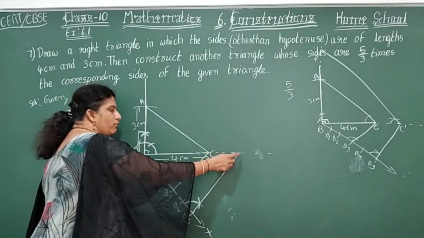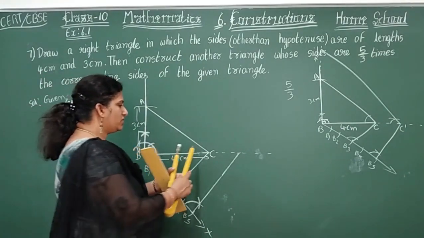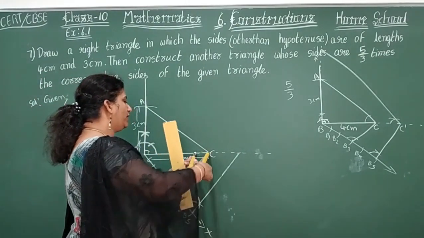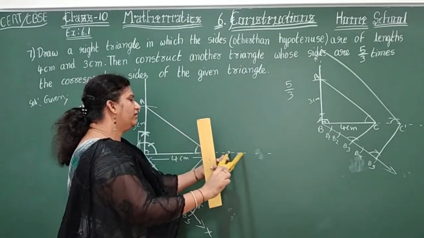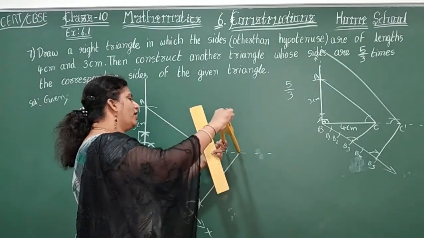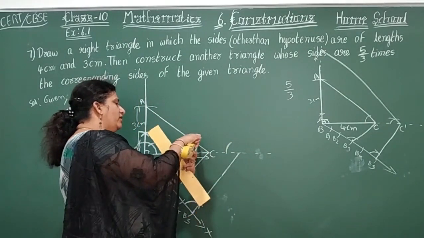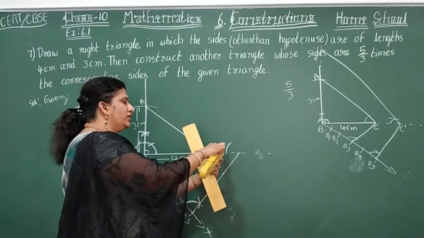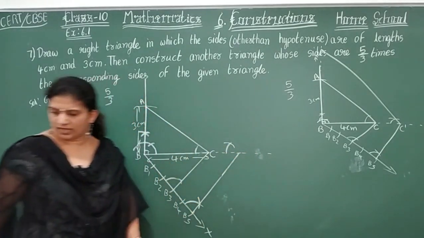Now, this is the important point to draw your triangle. So now again from C point, see carefully, draw an arc, and at this point, draw an arc. Then now, move your compass, and then measure from here, cut, okay.